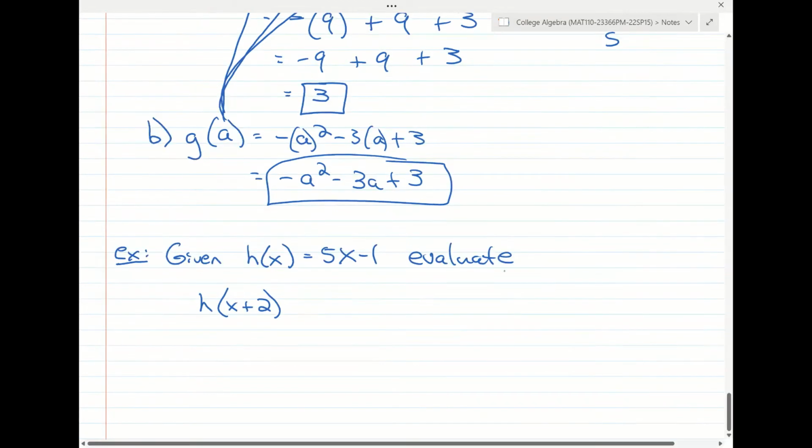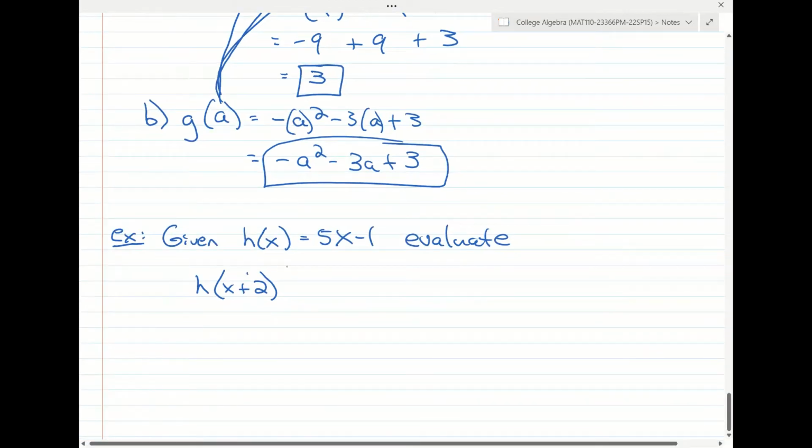The rules are that we just plug this in for all the x. So according to this, instead of x, we're going to replace it with x plus 2. We distribute the 5. 5x plus 10 minus 1. 5x plus 9.